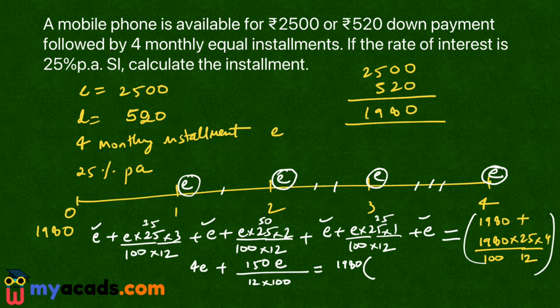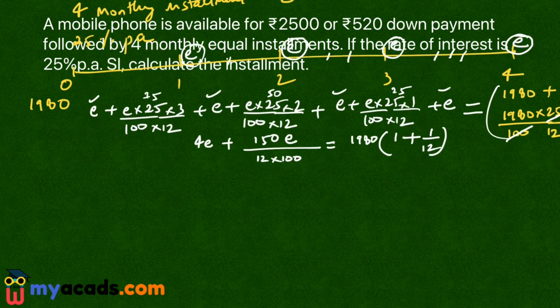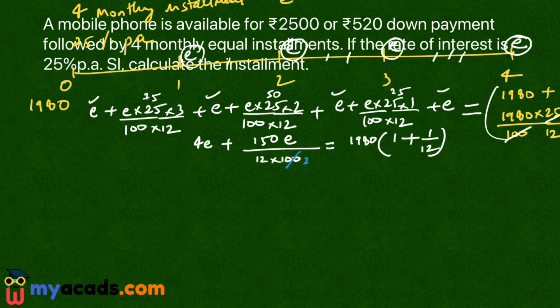So what is left is 1 plus 25 into 4 over 1200, where 400 will cancel with the 100. So what is left is 1 by 12. Now this is 4E plus 3E by 12 into 2, equal to 1980 into 1 plus 1 by 12.